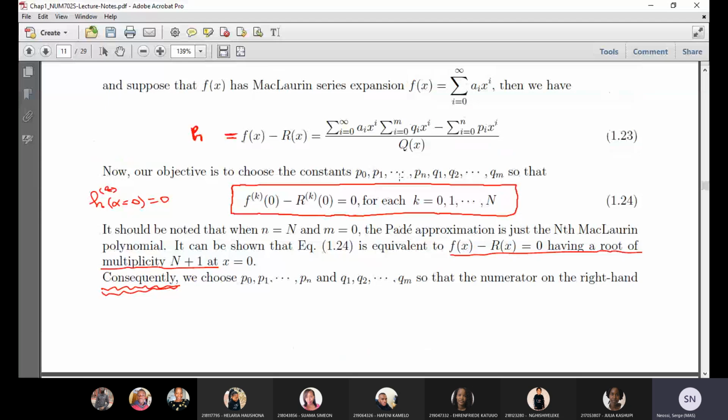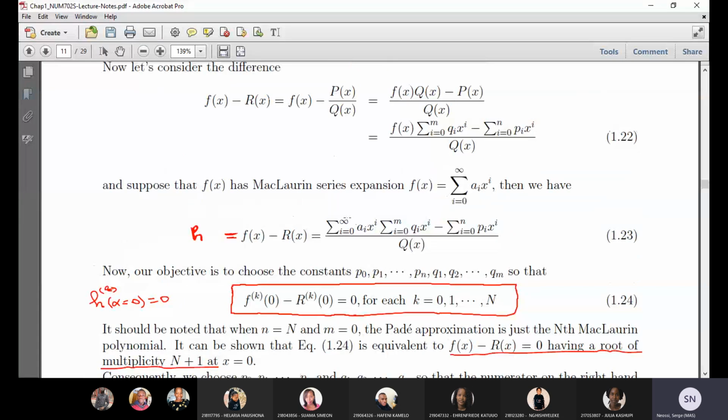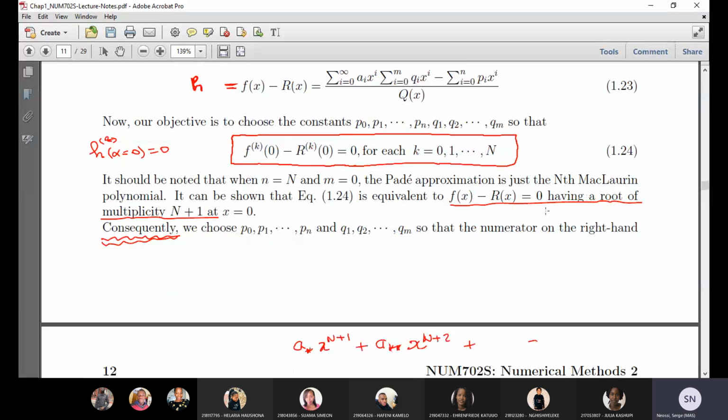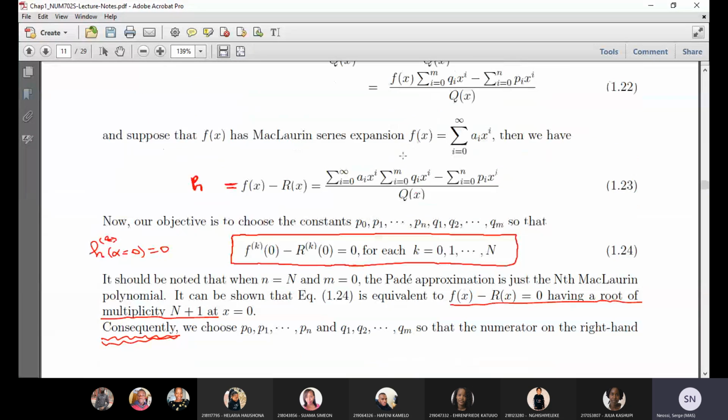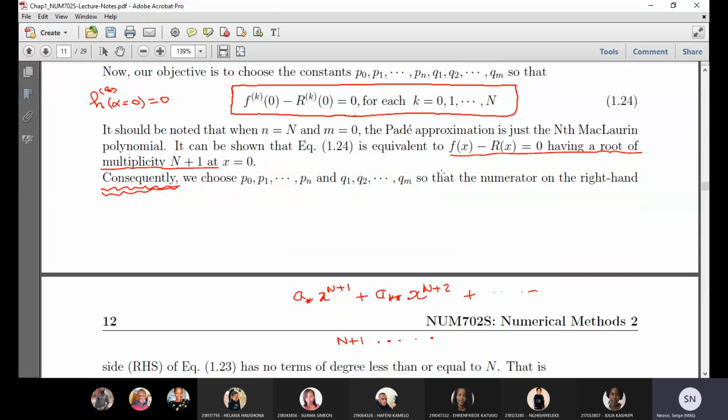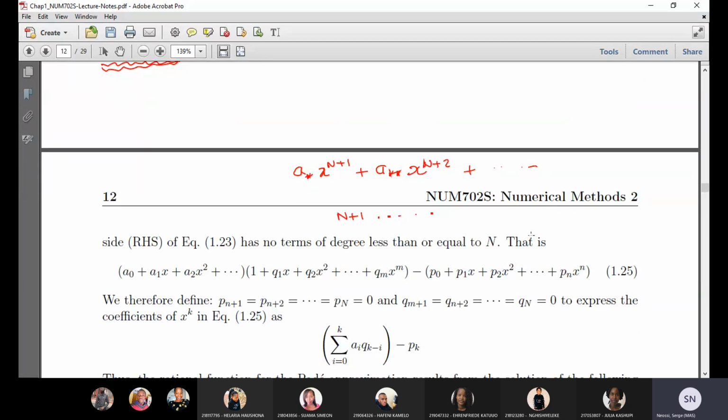Why up to infinity? Because you have an infinite sum here. The contribution of q will stop at a certain level. Similar for this one, but because it goes up to infinity, the a sub something will continue, and continue. But all the lower terms, that is all the coefficients of that expansion from 0 to n, will be set equal to 0.